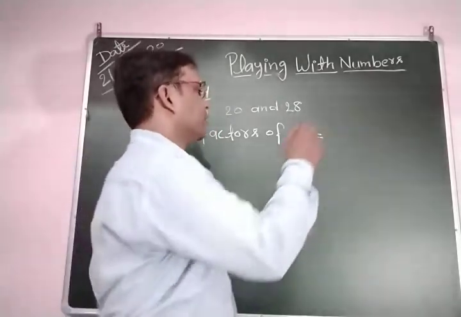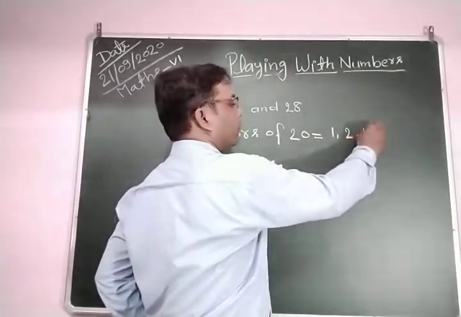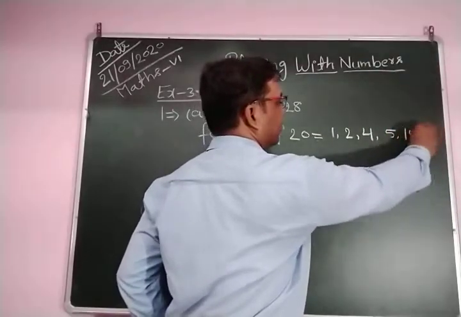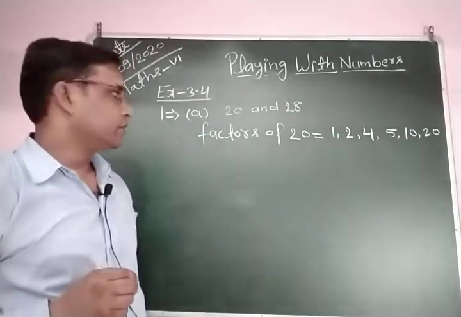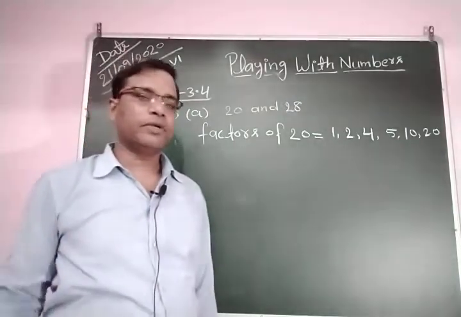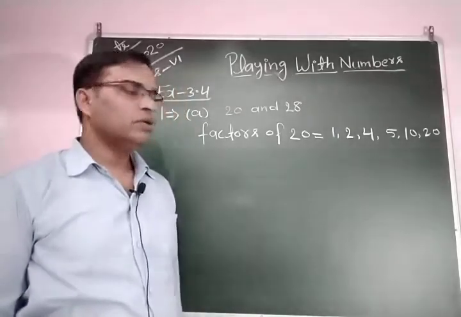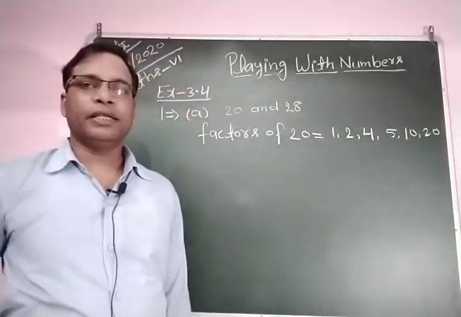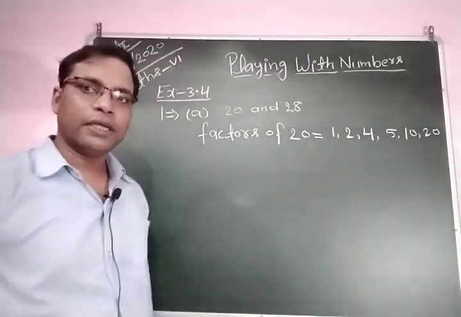So you can write here, the factors of 20 are 1, 2, 4, 5, 10 and 20 itself.